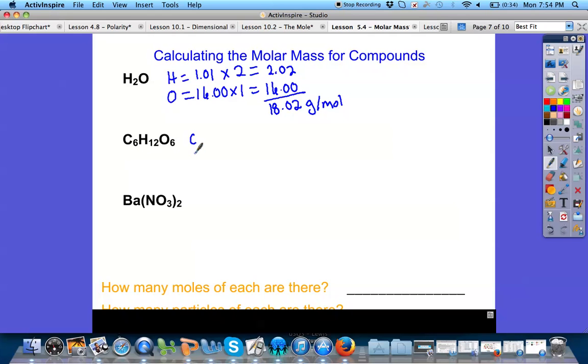C6H12O6. So we have carbon, hydrogen, and oxygen. Carbon is 12.01. Hydrogen 1.01. And oxygen is 16. We have 6 carbon, 12 hydrogen, and 6 oxygen.